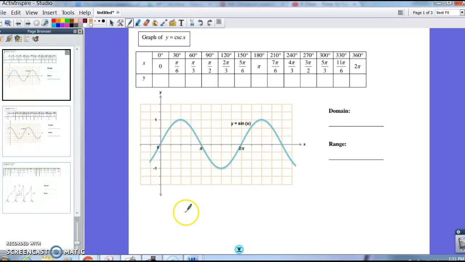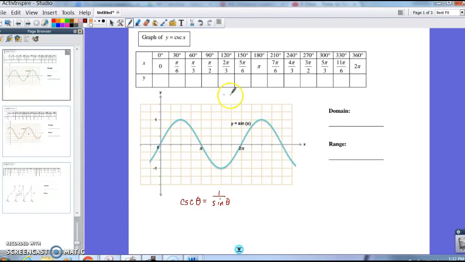So remember that cosecant of theta is equal to 1 over the sine of theta. If we take all of those values that we had for sine and do 1 over those values, that will give us the value for the cosecant.